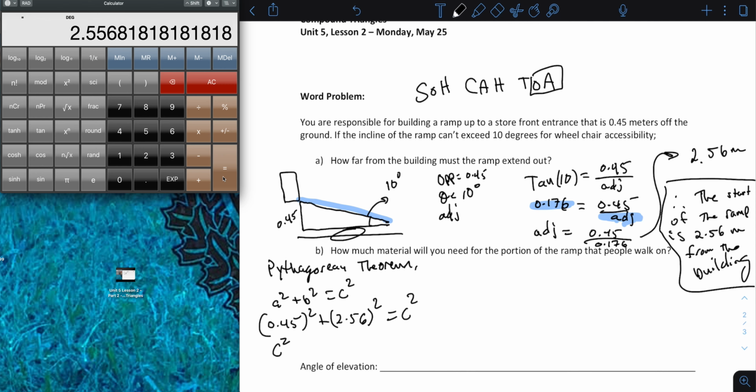And then c squared is going to equal a number. So let's go 0.45 times 0.45, 0.2, plus 2.56 times 2.56, oops, 6.55.